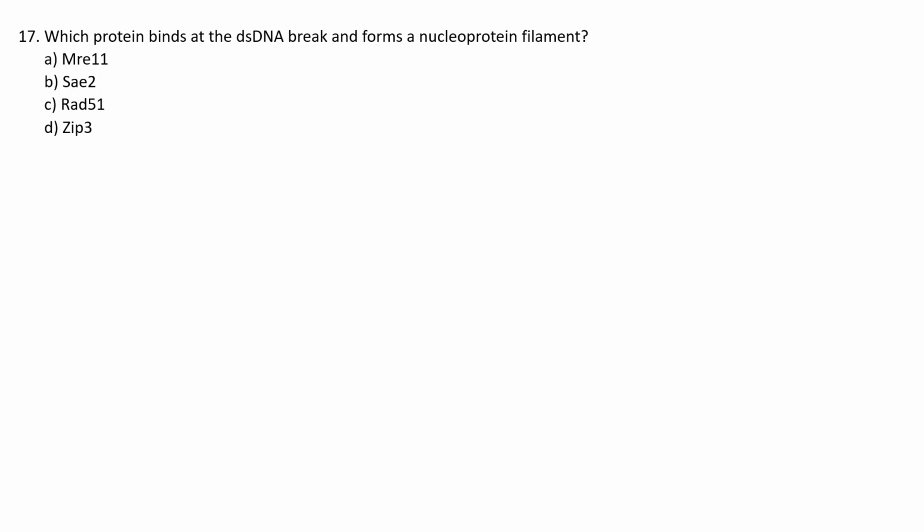So now we have these overhangs at the 3' ends that are recombinogenic. So what does RAD51 do? RAD51 is also a protein. It binds at that ssDNA region and forms this nucleoprotein filament and helps with the search for homology.